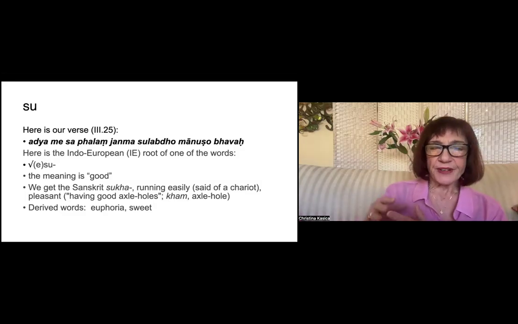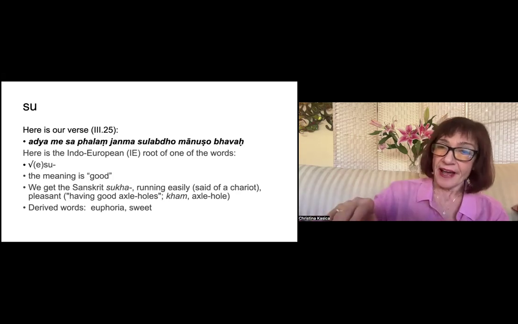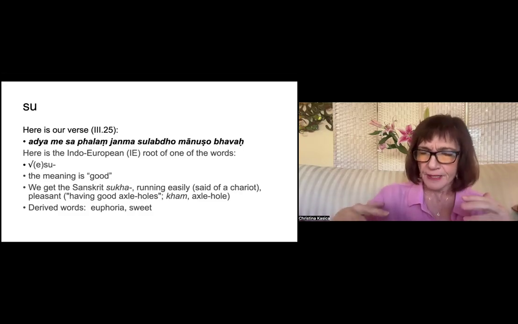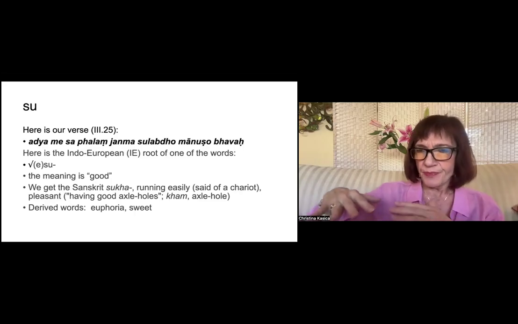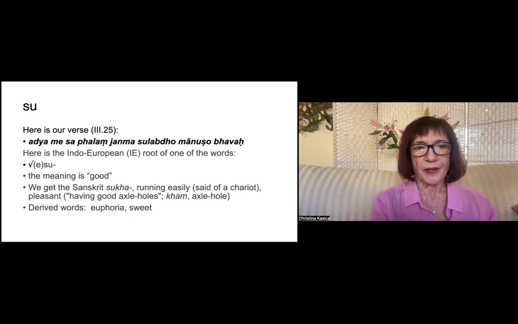You can imagine if a chariot had a badly carved wheel hole and you stuck an axle through it and tried to drive it, you'd get a very rough ride. So a sukha is a nicely going chariot, a good moving wheel.